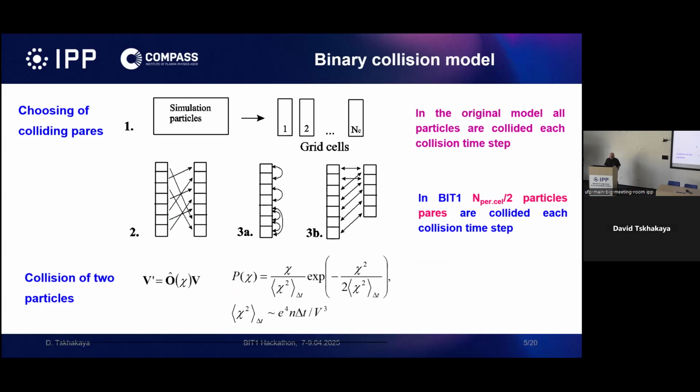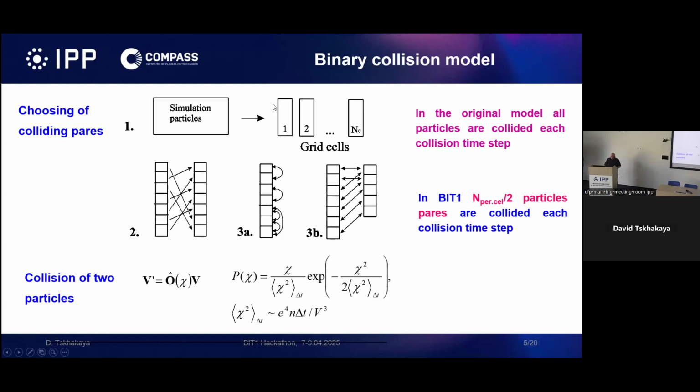So the idea is the following. Usually in a PIC simulation you have grid cells of the size of lambda_D, and you have to account mainly for particles within lambda_D, because otherwise they are screened.